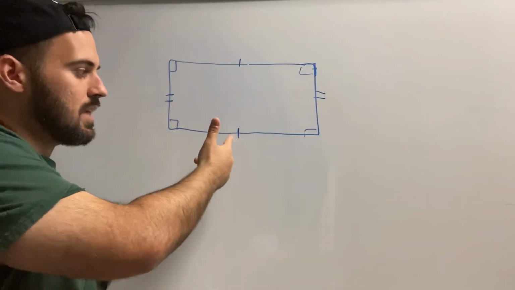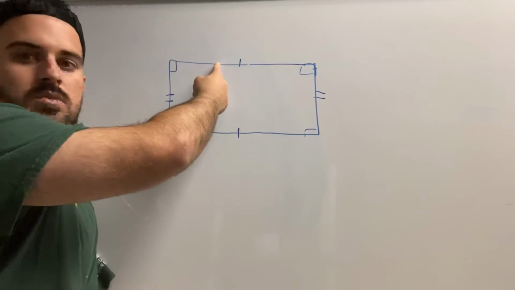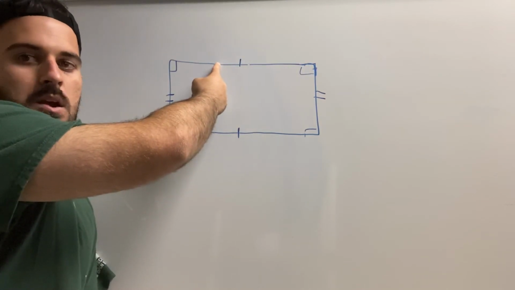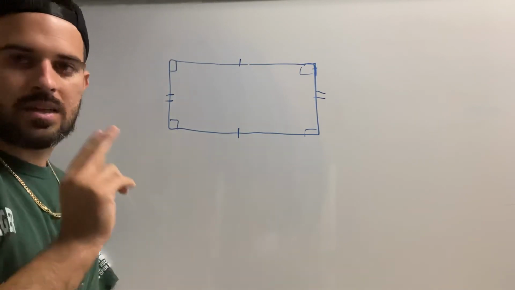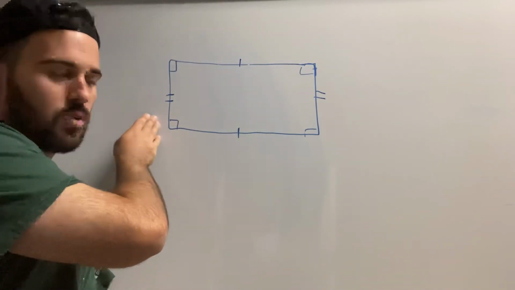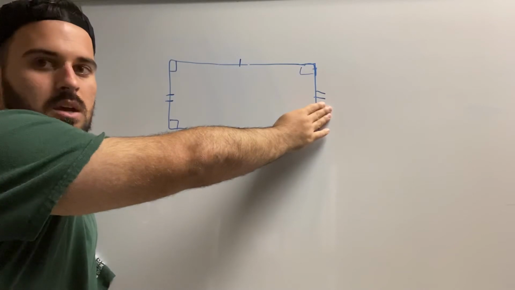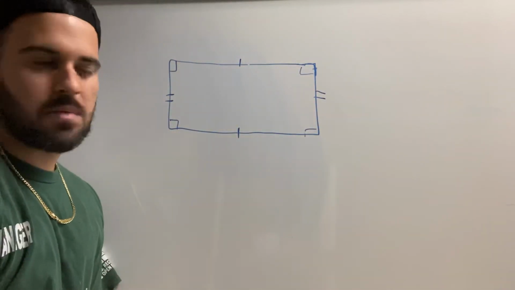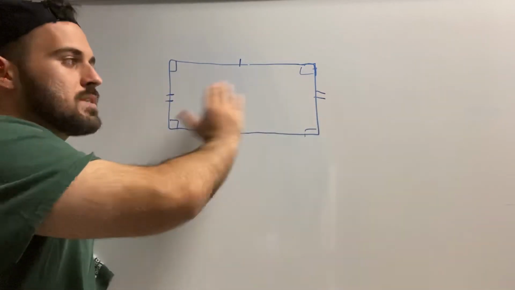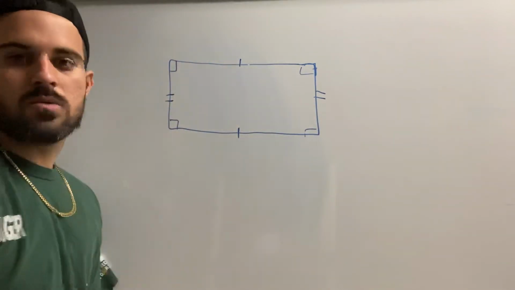Now, this is telling me that this side is congruent to this side, right? But now, is this side congruent with this side? The answer would be no, right? Because the 2 dashes would represent that it is congruent with all the sides with 2 dashes. So opposite sides, this would be considered a rectangle, which is a specific type of quadrilateral, in which opposite sides are equal, but not the ones next to each other.